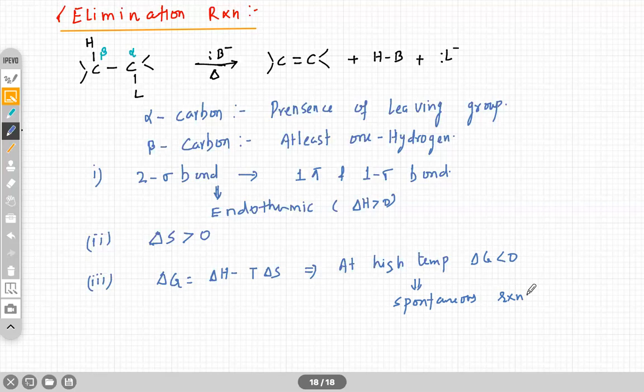Obviously you haven't done this formula and all at this level, but it is not required to understand this.